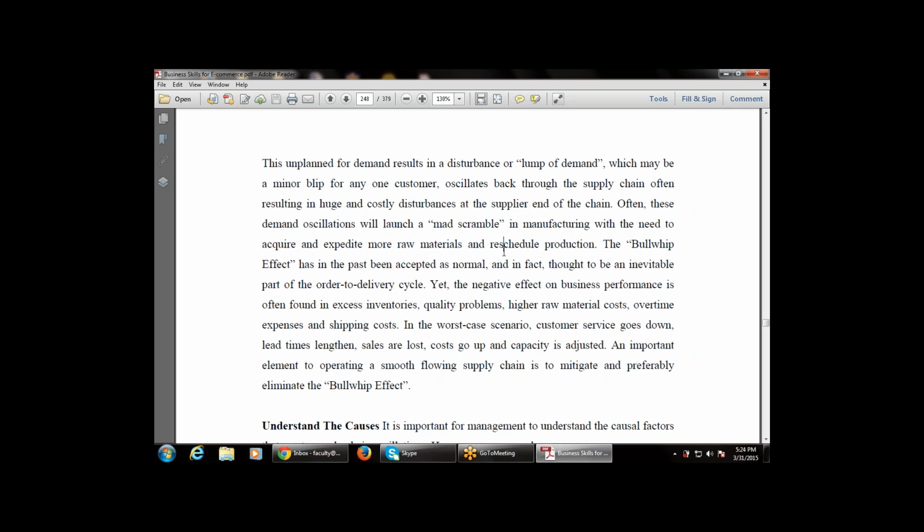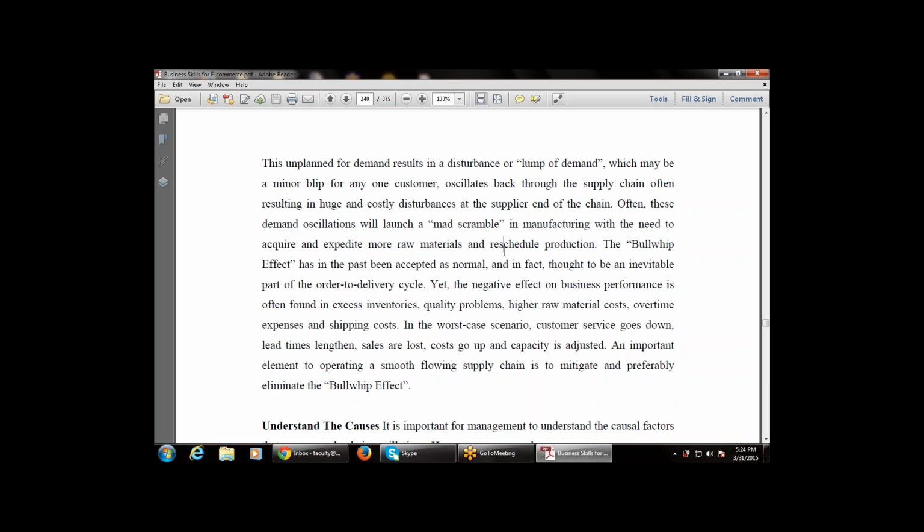Yet the negative effect on business performance is often found in excess inventories, quality problems, higher raw material cost, overtime expenses, and shipping cost. So there are various negative impacts on business performance.